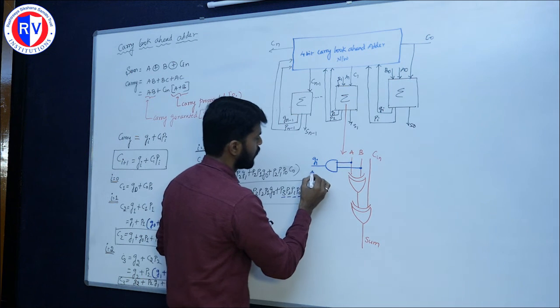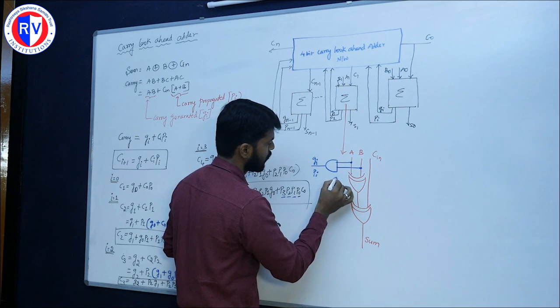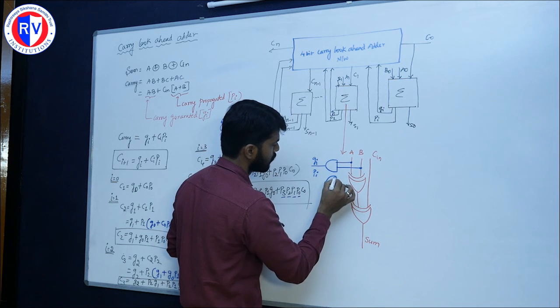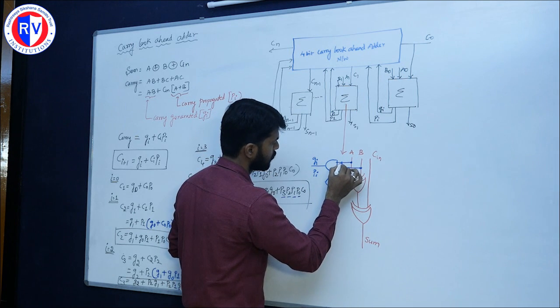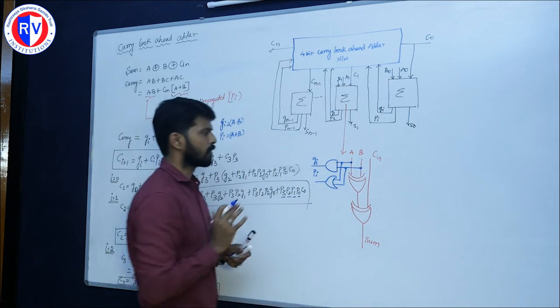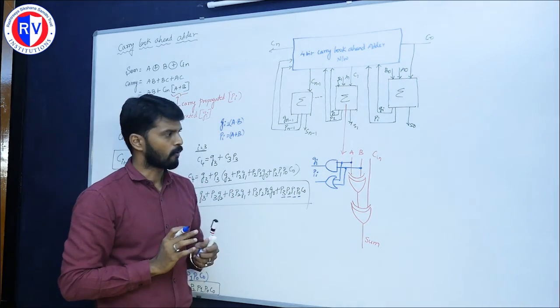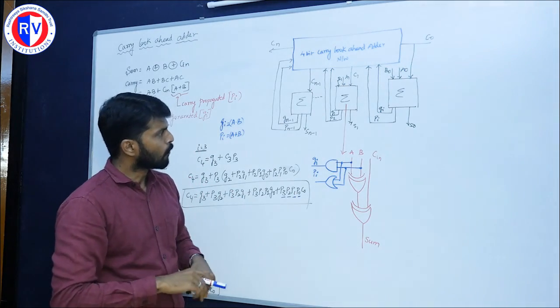Now I need Pi also. For the Pi, instead of an AND gate, we need an OR gate. This is the modified adder we required for carry lookahead adder design.